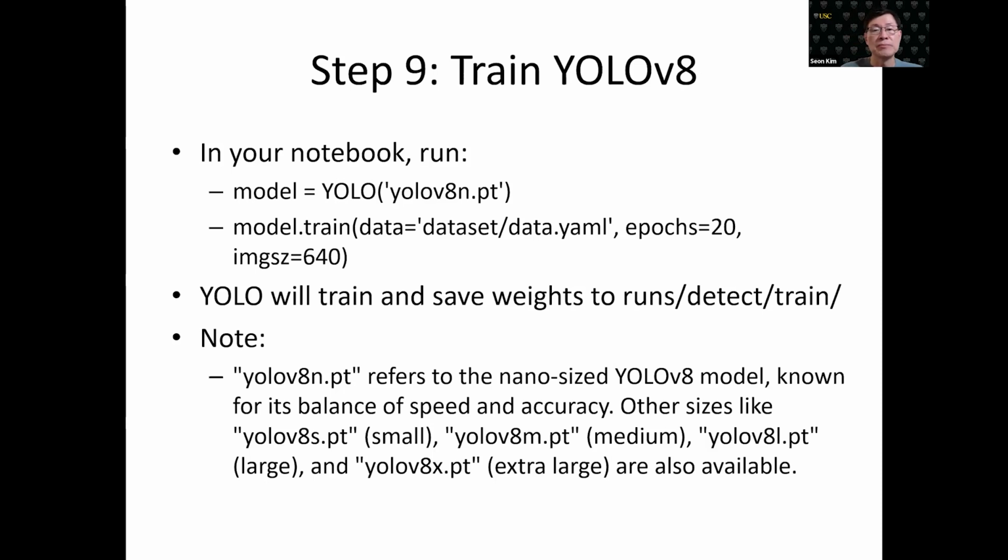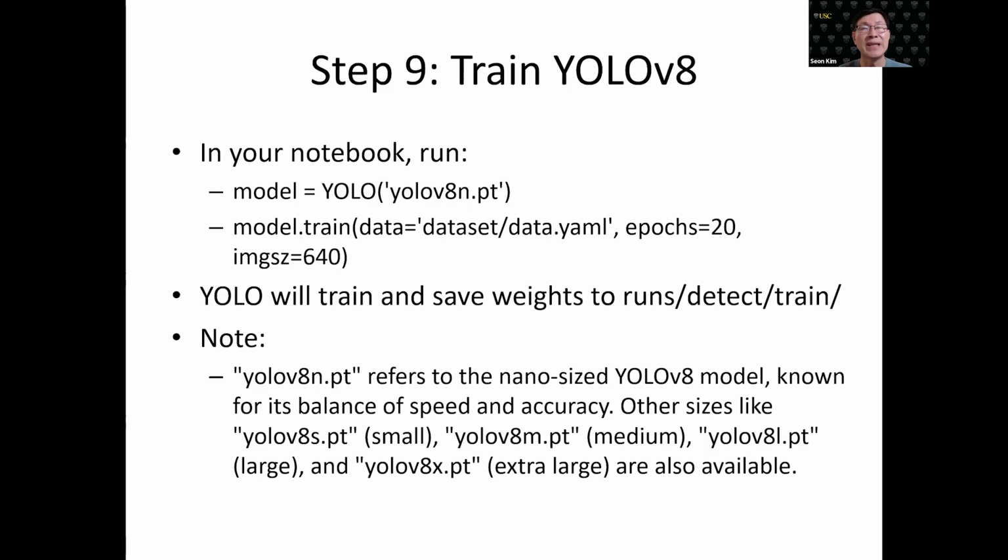But here, let's use the smallest one, nano. Why? The whole point here is that we just want to check our program is working. The result is not really important now. With minimum effort, we just want to create any kind of working model. So we can select nano, the smallest model.